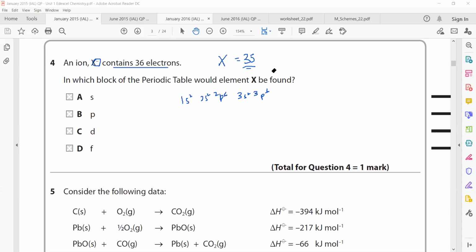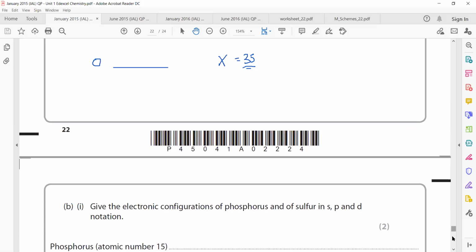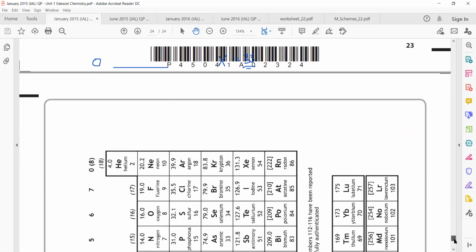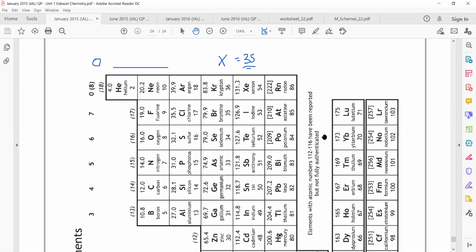I know if the number of electrons is 35, the number of protons should also be 35 for a neutral atom. So I will check the periodic table for which element has atomic number 35. You can see bromine has atomic number 35.